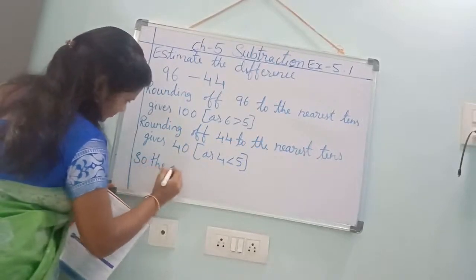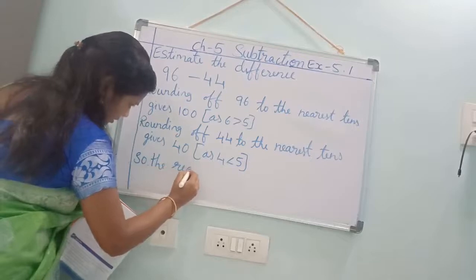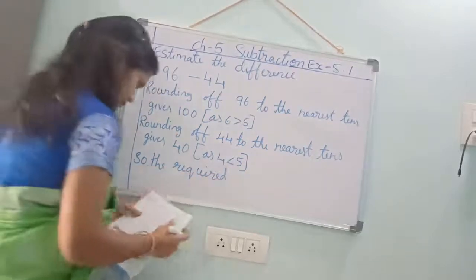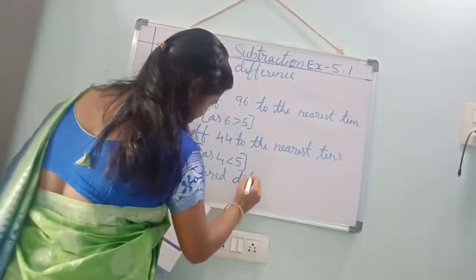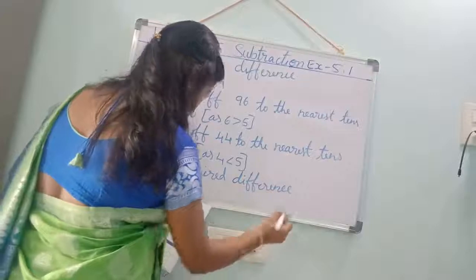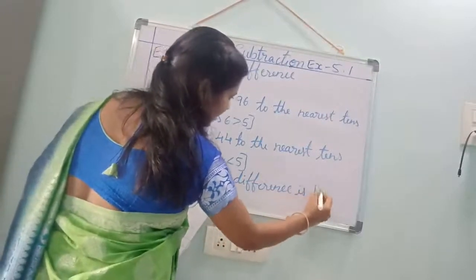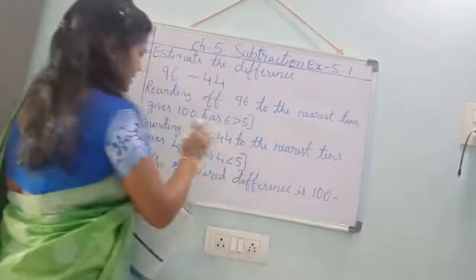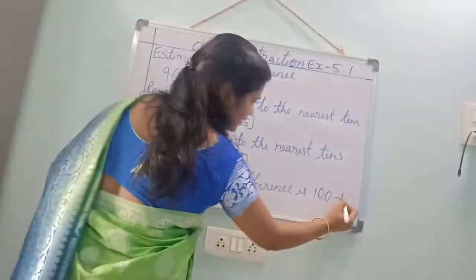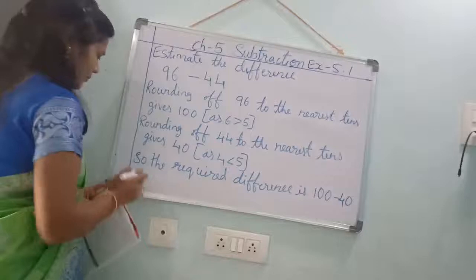So, the required difference is 100 minus 40.